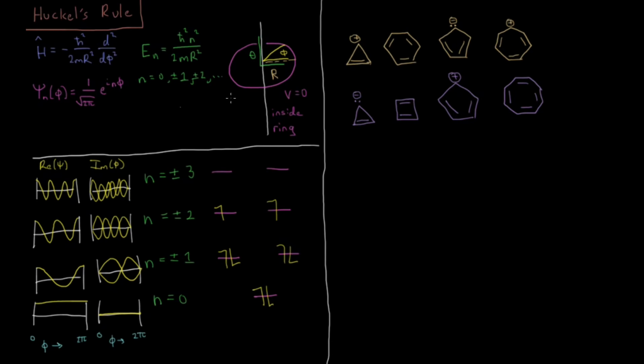And if you've been paying attention, you'll see that all of these molecules that I've grouped up at the top would be referred to as aromatic in organic chemistry. And all of these that I have in the second row would be referred to as anti-aromatic.